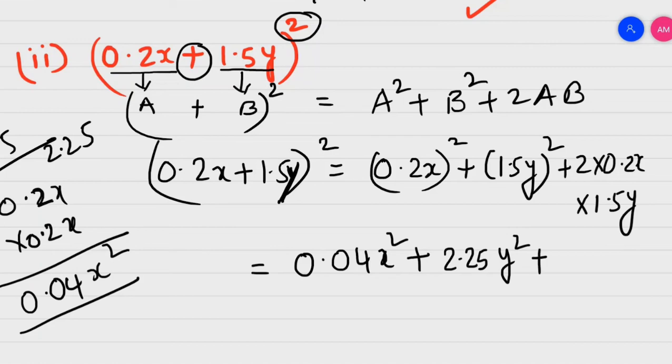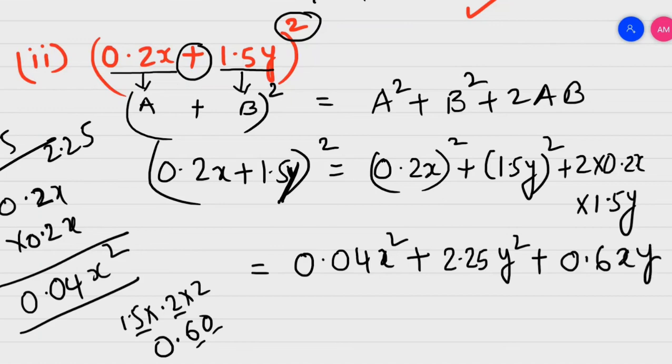Plus 1.5 into 0.2 into 2: 2 into 2 is 4, 4 into 15 is 60, but you put the point after two digits from the back, so 0.6xy. So your final answer is 0.04x square plus 2.25y square plus 0.6xy.